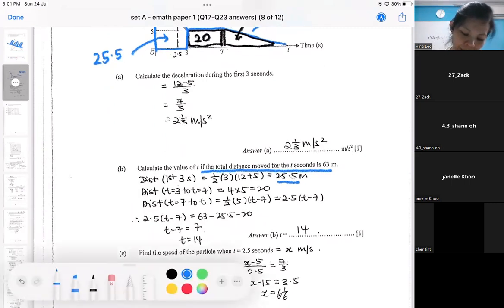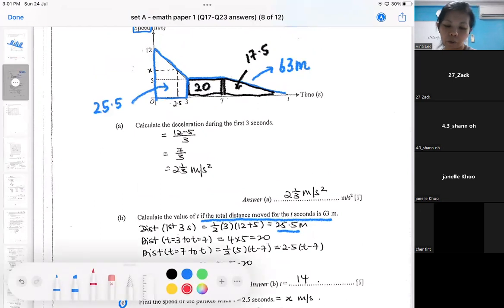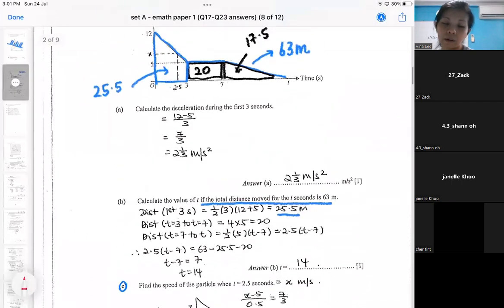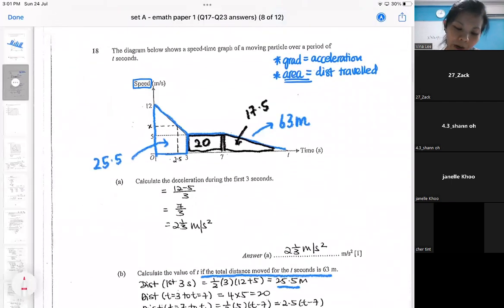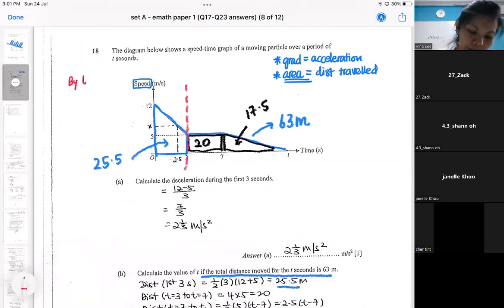Okay, so before I go to part C, maybe since I'm already at the area part, I will do the conversion first. So you will need to convert this to the distance. So I'm going to teach you how to convert. By 3 seconds, think about it this way: the distance is 25.5.